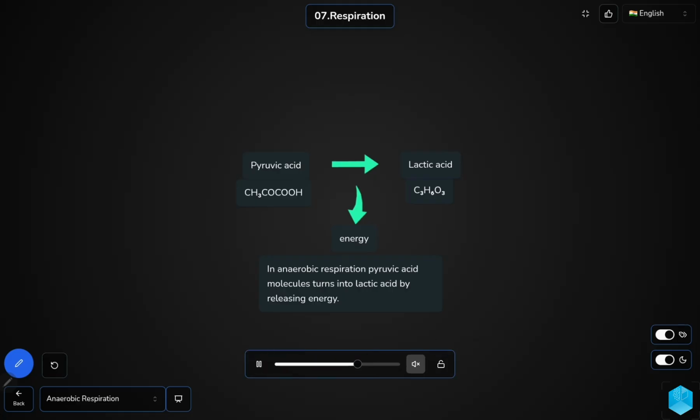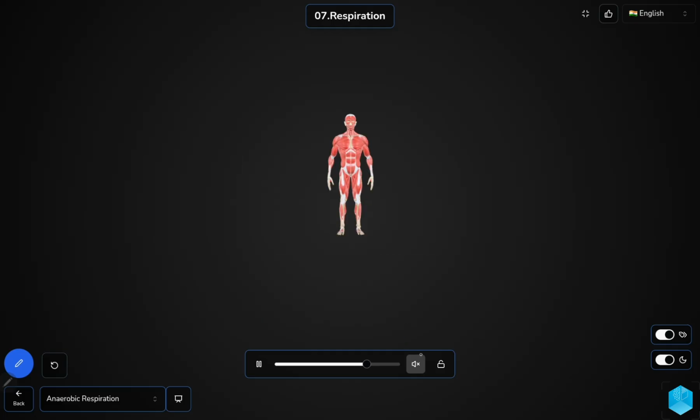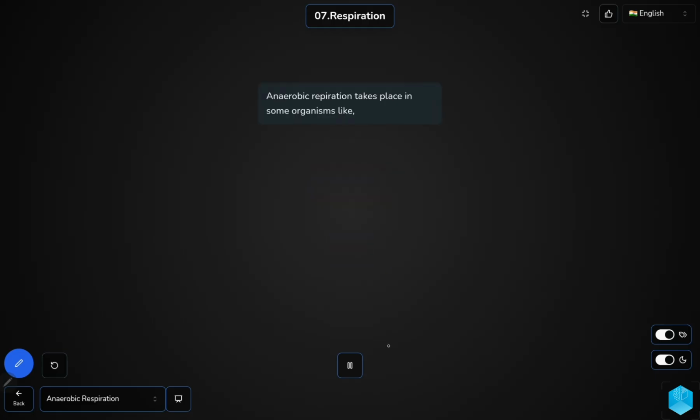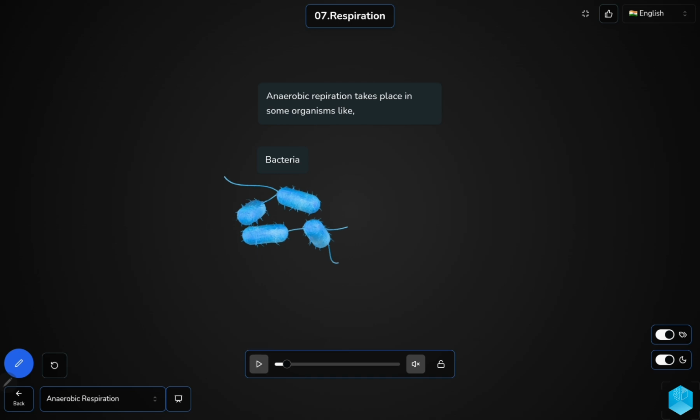During this process, some amount of energy is released, but the energy released is very little. This causes soreness in the muscle, cramps and muscle pain. All this occurs because of the conversion of pyruvic acid to lactic acid. Did you understand the difference between aerobic respiration and anaerobic respiration?